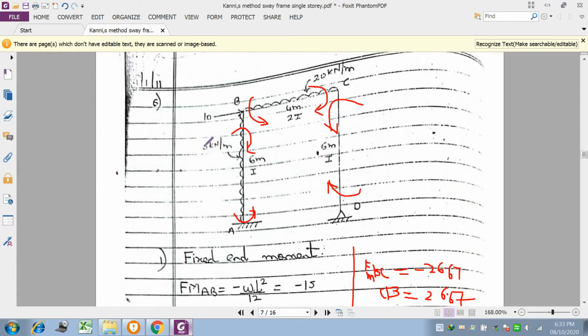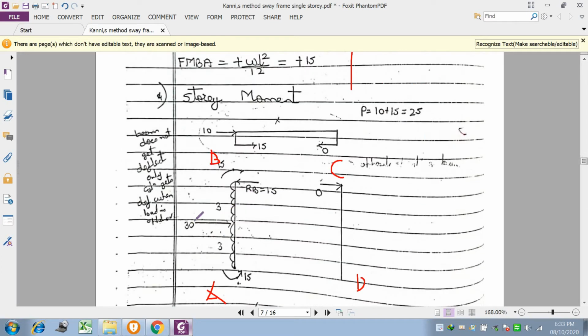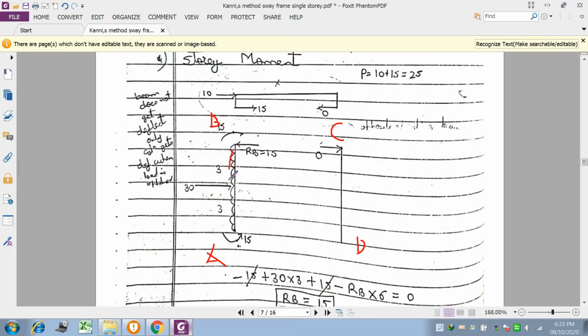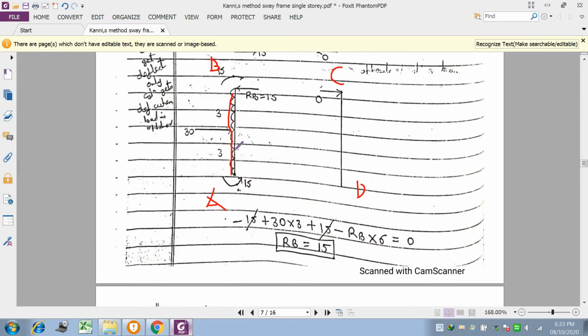Here the UDL is 5 and the span is 6, so 5 into 6 is 30. There is no need to draw this UDL, otherwise it creates confusion. So here it is 30. The UDL is converted into a point load at the center. We also write the 15 and 15 that we have already calculated as fixed end moments.